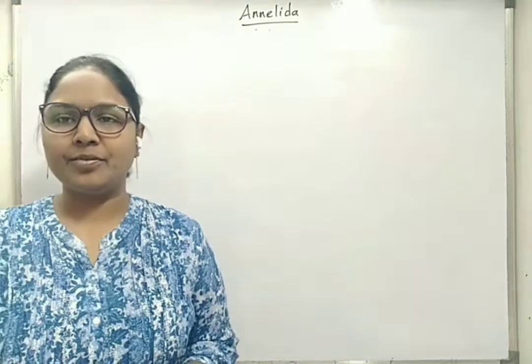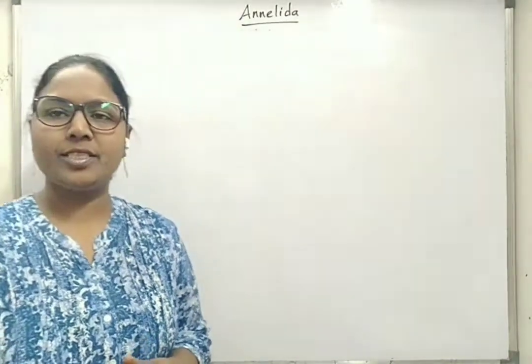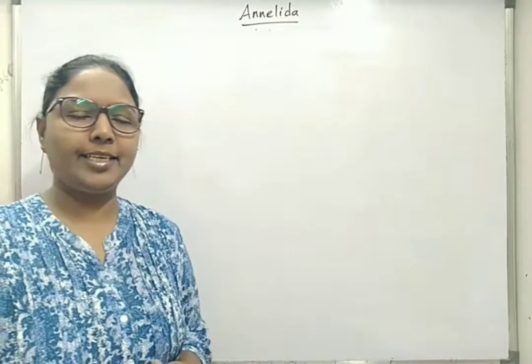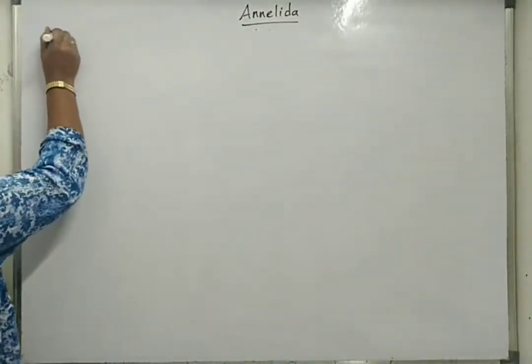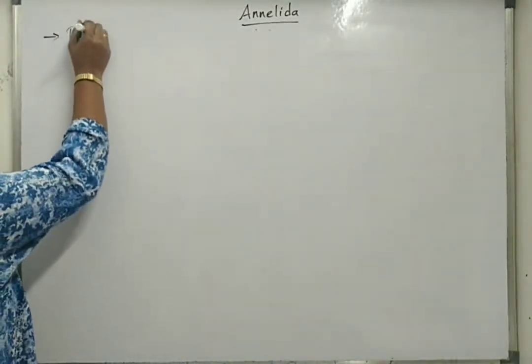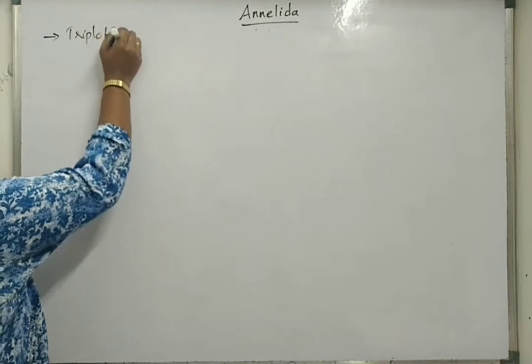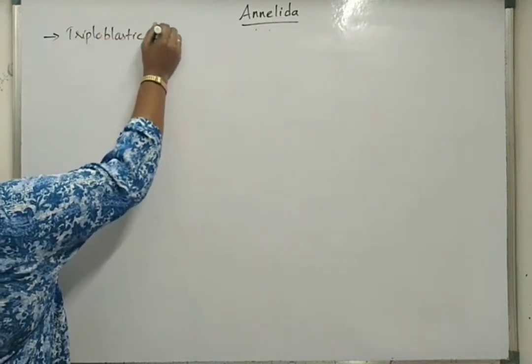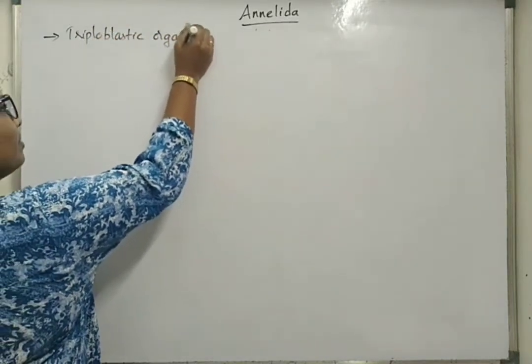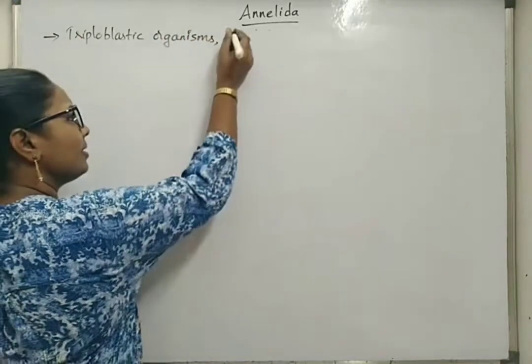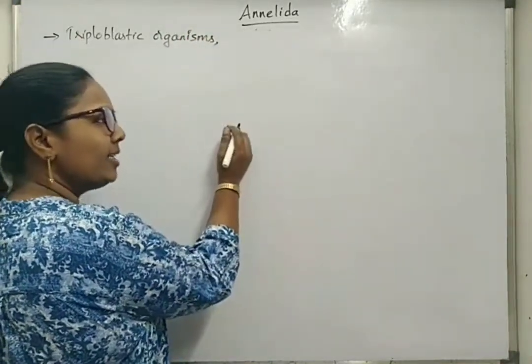Hello students, now we will discuss the characteristic features and some examples of Annelida. Annelids are triploblastic organisms and their body is bilaterally symmetrical.